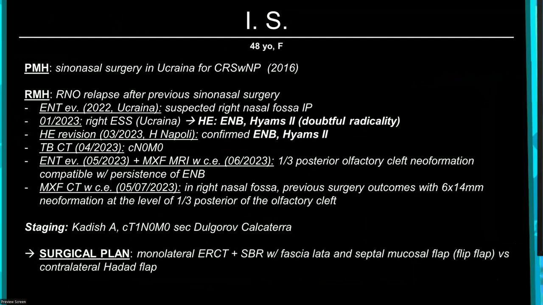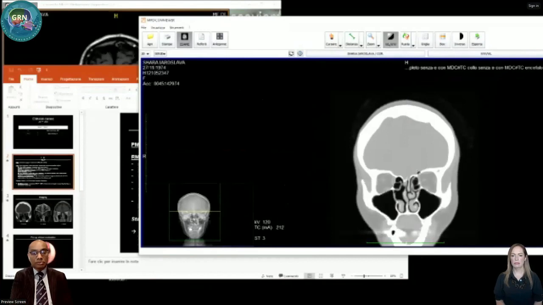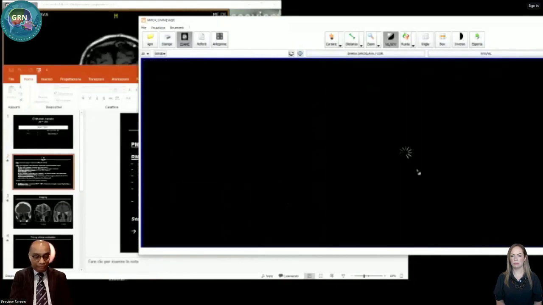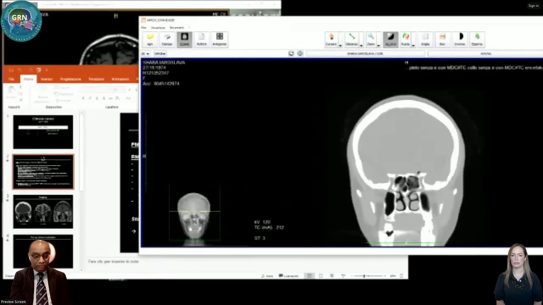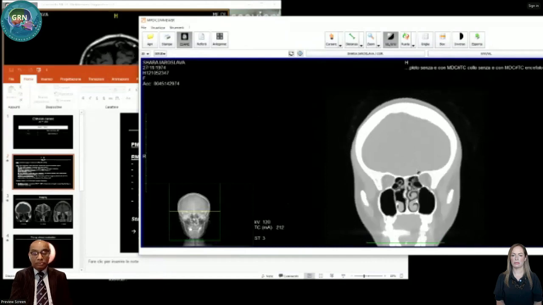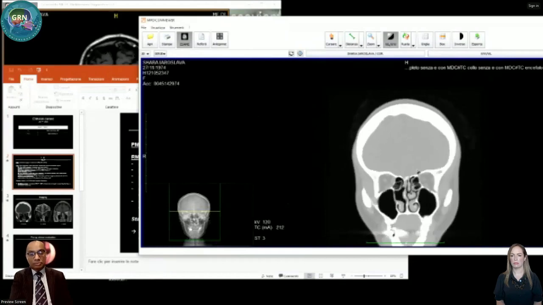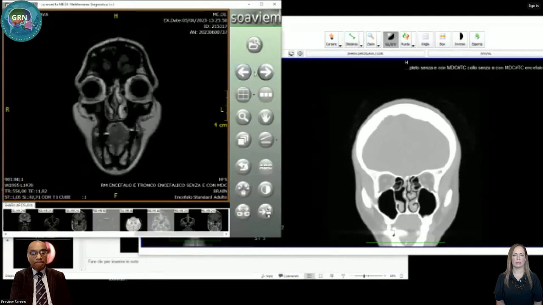At the CT scan, you can appreciate the previous surgery with the removal of the middle turbinate, with the opening of a little anterior ethmoid, and posteriorly, at level of the posterior third of the olfactory cleft, you can appreciate there is this residual, which we have studied at the MR. You see at the MR, this is the contrast enhanced MR.